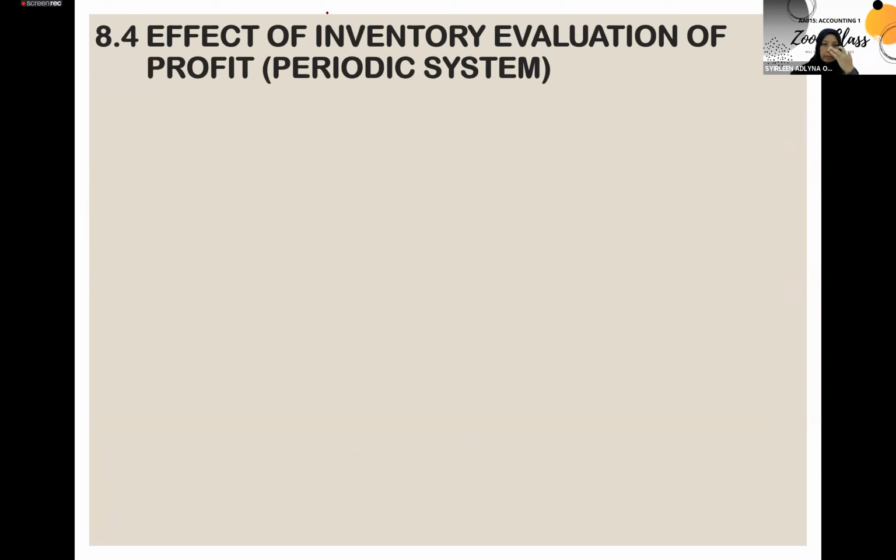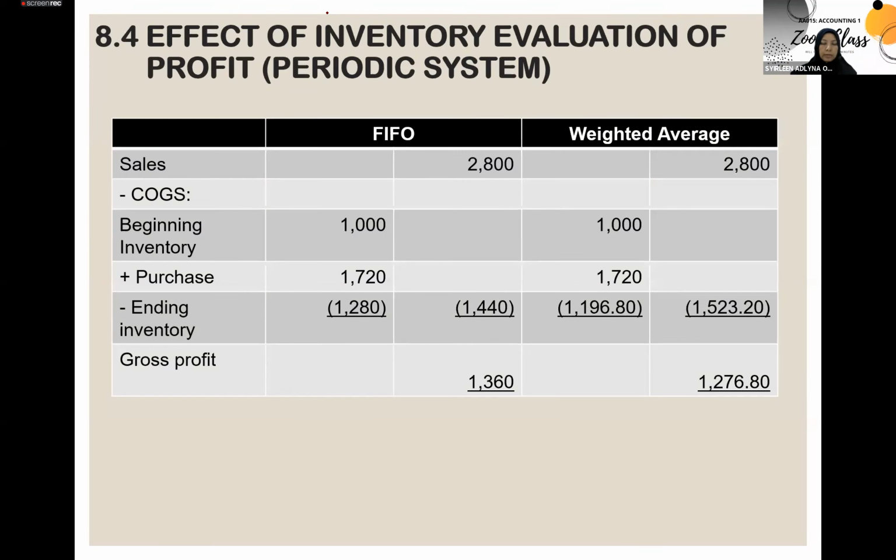Okay, kita nak tengok effect on the inventory valuation for profit kalau kita guna periodic system. Okay, periodic tu maksudnya hujung bulan baru kira. Okay, so kalau guna FIFO, untuk periodic, gross yang kita dapat ialah 1360. This is using the same inventory cuma kita guna sistem pengiraan yang berbeza saja.